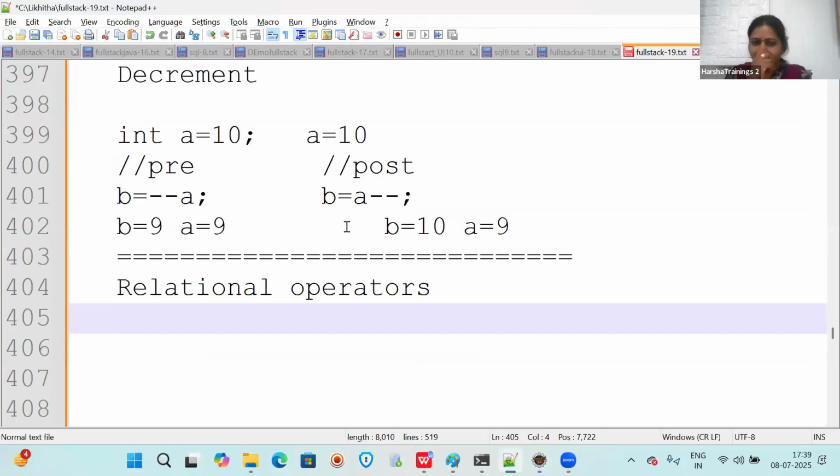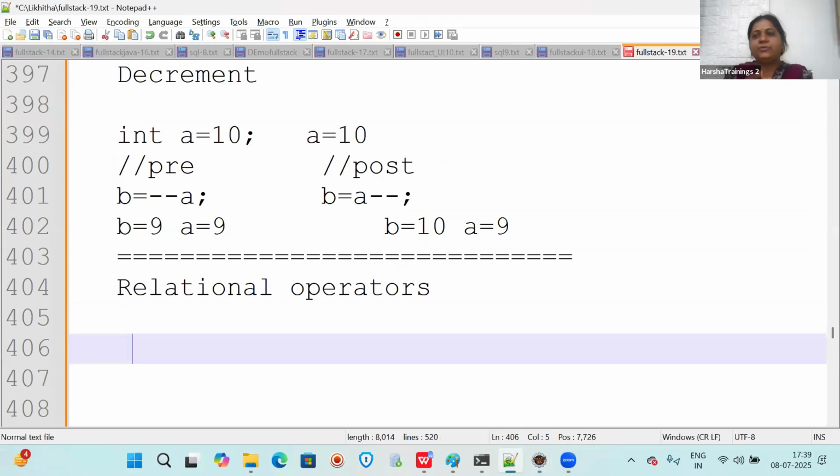I'll explain again. The relational operators tell about the relationship between multiple variables, like greater than, less than, greater than equal to, less than equal to, or double equal to, which means they are exactly equal or not. Generally the double equal to operator is used with numerical values.